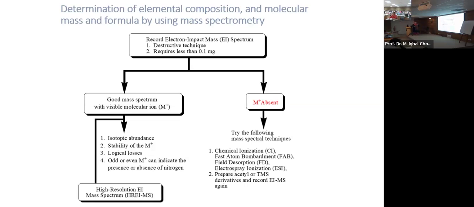If you have organic salts or complex organic material, we have methods. Here is another point: you are putting your sample in a magnet, so you need to be careful whether the metal in your molecule also has a magnetic property or not.